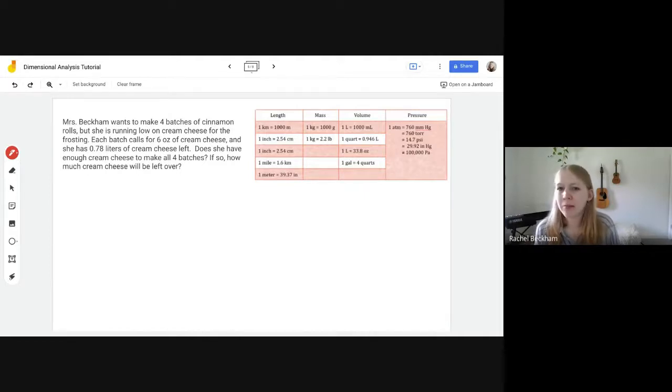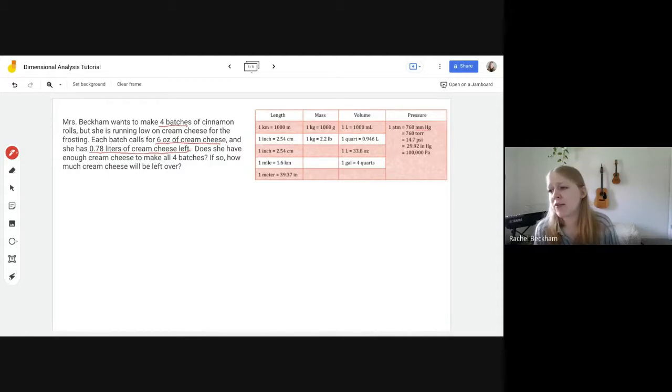Miss Beckham wants to make 4 batches of cinnamon rolls, but she is running low on cream cheese for the frosting. Each batch calls for 6 ounces of cream cheese. Okay, so she wants to make 4 batches. Each batch calls for 6 ounces of cream cheese. And she has 0.78 liters of cream cheese left in her fridge, okay?